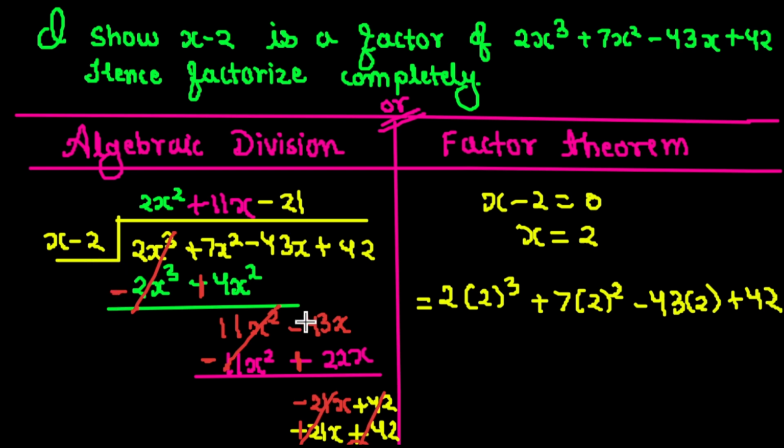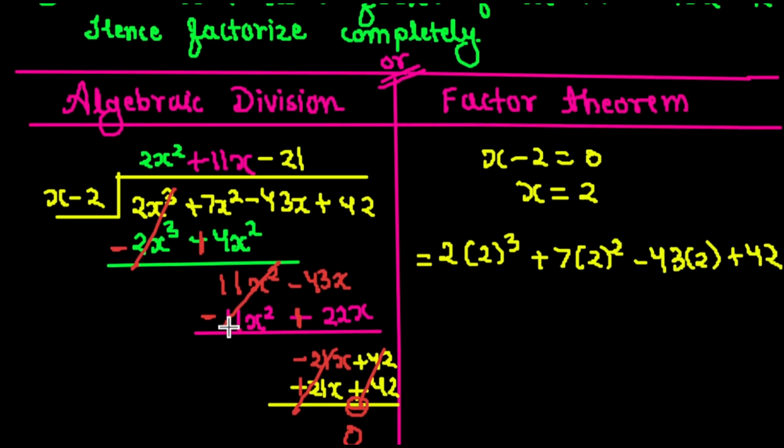Can we check if this one is exactly equal to 0? If it is, then it is a factor. So 2 cubed is 8 and 8 times 2 is 16, plus 2 squared is 4 and 7 times 4 is 28, minus 43 times 2 gets you 86, and there is a plus 42.